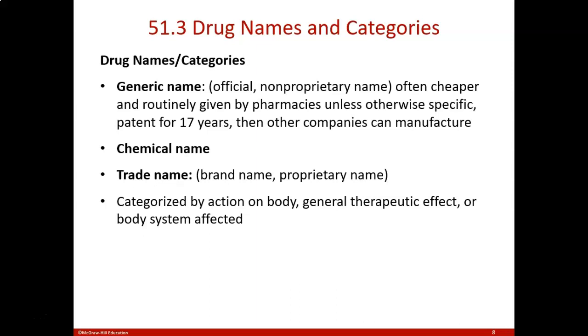And so when you're looking at these drugs, they will categorize them by action on the body, the actual therapeutic effect, or how the body system is affected. And that's what this table does. It gives you a drug category, an action or what it does on the body, and then gives you some actual trade names that you might recognize. Okay.